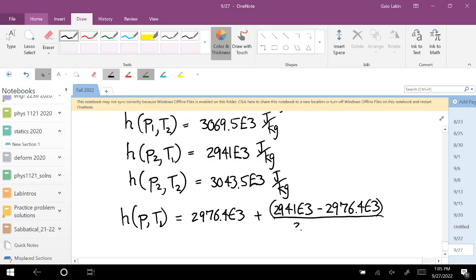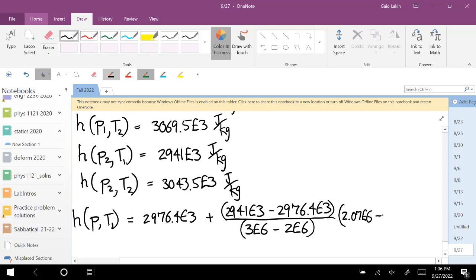So that would be 3 times 10 to the 6 minus 2 times 10 to the 6. Times the P we want minus P1. So that's 2.07 times 10 to the 6 minus 2 times 10 to the 6.